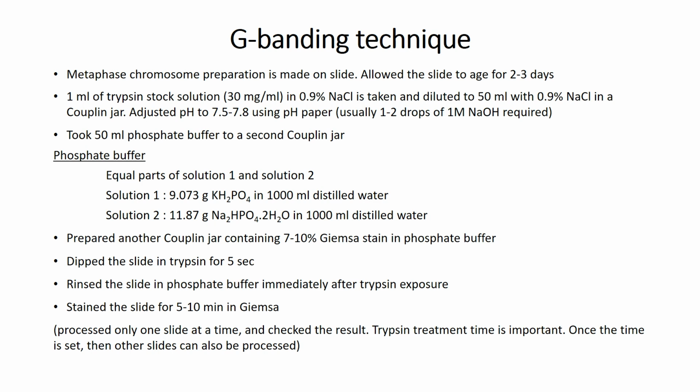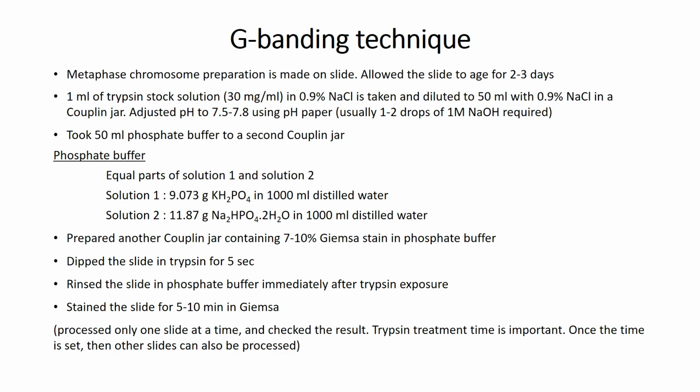First, dip the slide in trypsin for just a few seconds, let us say 5 seconds. This time has to be standardized once. After 5 seconds, immediately rinse the slide in phosphate buffer after trypsin exposure, and then stain the slide for 5 to 10 minutes with Giemsa.